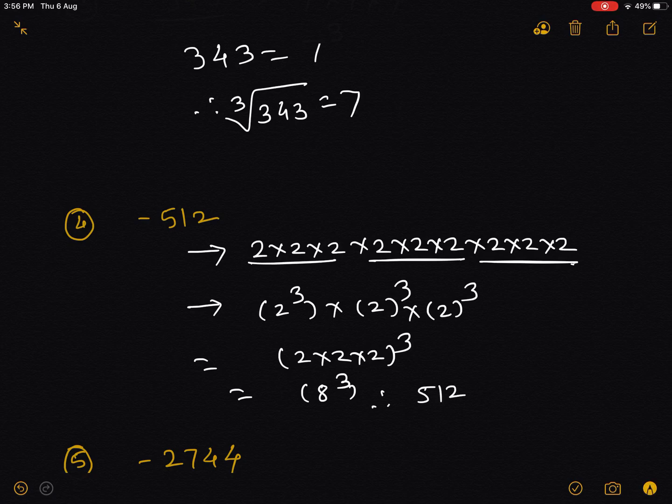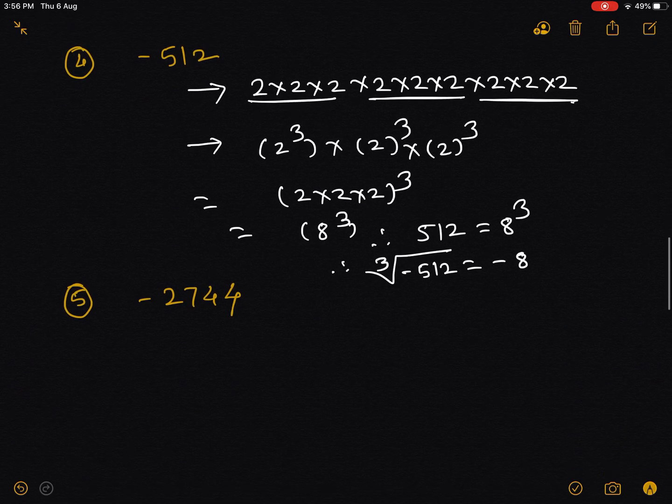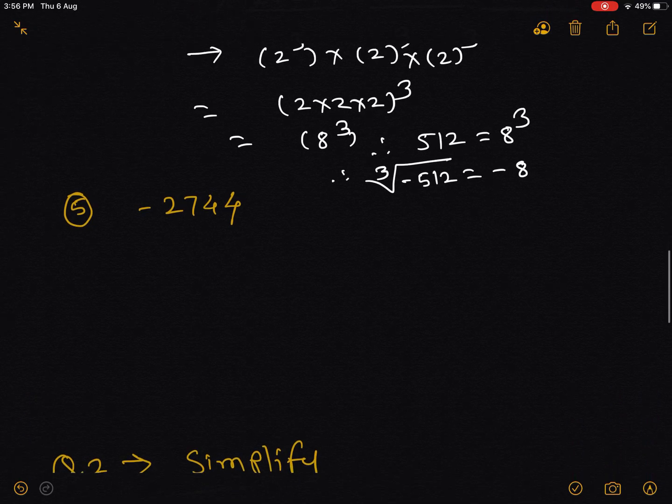Therefore, 8 cube is 512. Therefore, cube root of minus 512 equals minus 8. Cube of a negative number is negative.